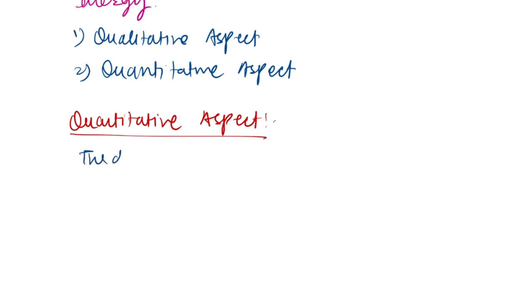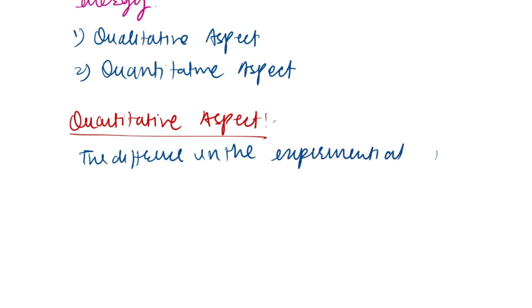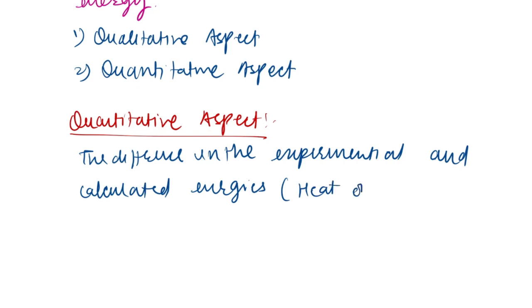So, what is the quantitative aspect? It is the difference in the experimental and calculated energies. Which type of energies would be there? Mostly it will be the heat of hydrogenation. What is the heat of hydrogenation?